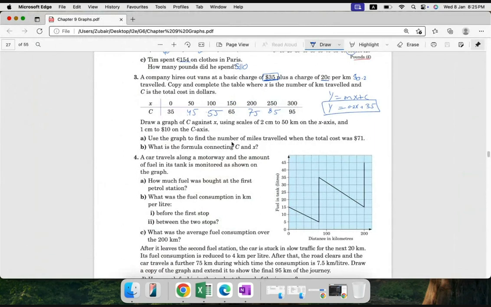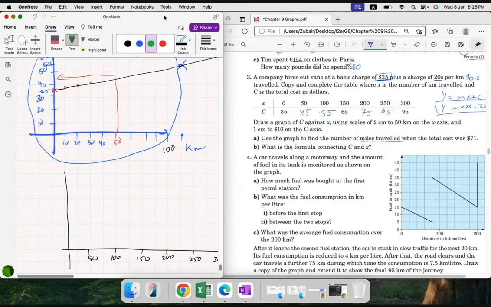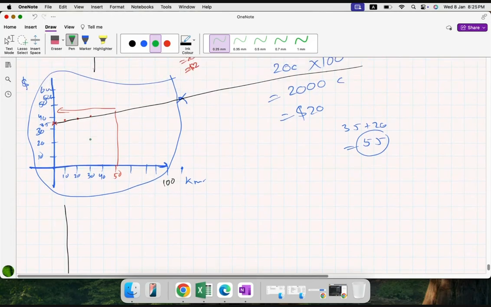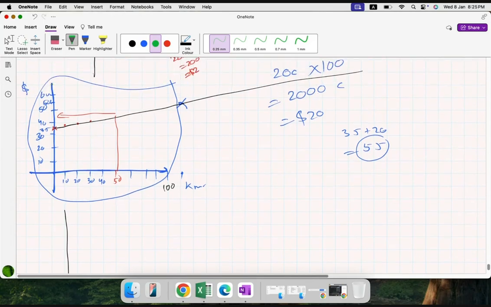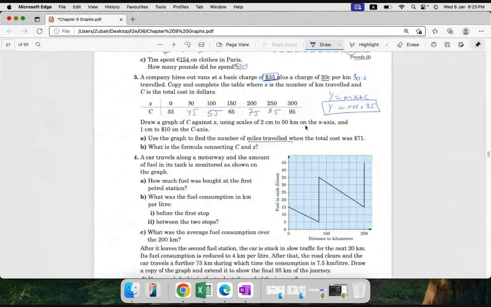Use the graph to find the number of miles traveled when the total cost is $71. So that would be easy. Again, just go to our graph, and 71 is on the y-axis. This is 70, this is 71. So against 71, we can go and read how much distance is covered. For now, I'm using the same equation.